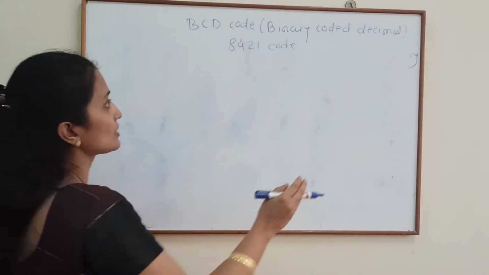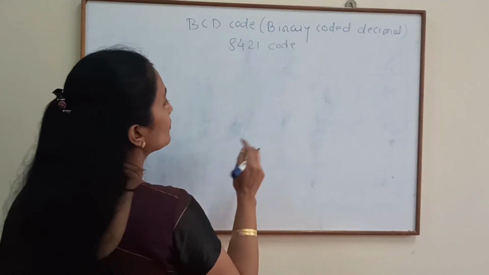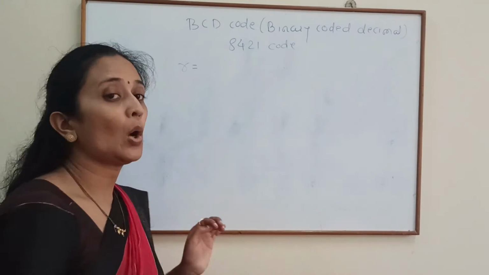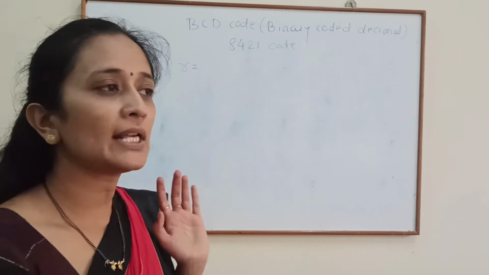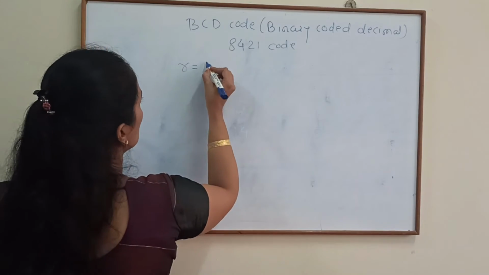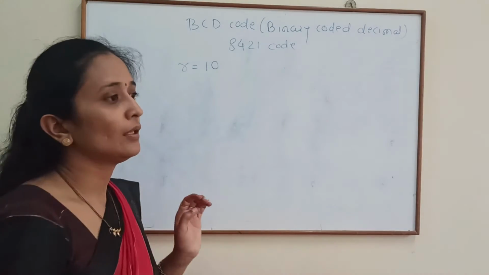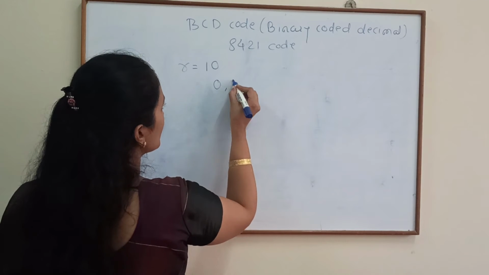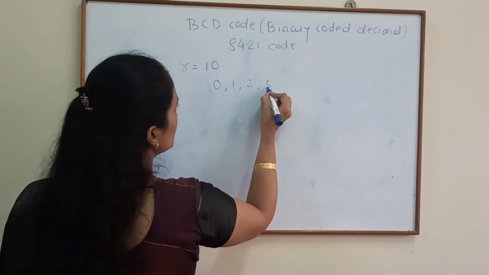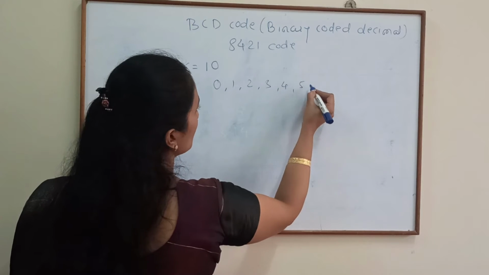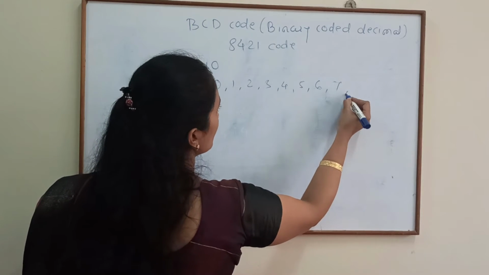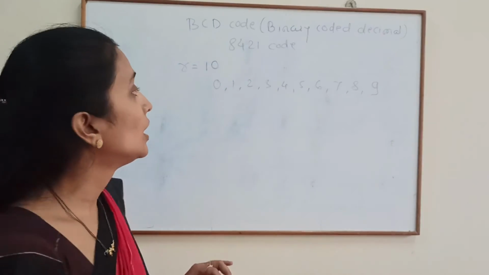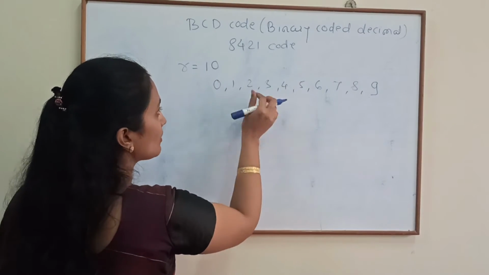Now we will see first what is a decimal number system. In decimal number system, radix or base, which is represented by small r is equal to 10. Therefore, this number system will contain digits 0, 1, 2, 3, 4, 5, 6, 7, 8 and 9. And again, combinations of these numbers.